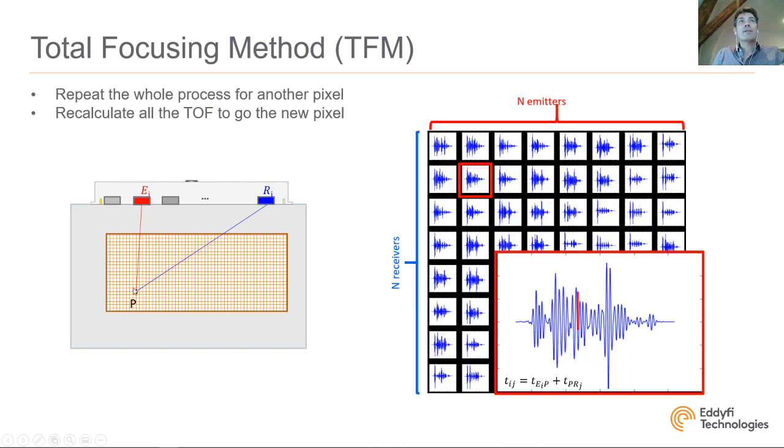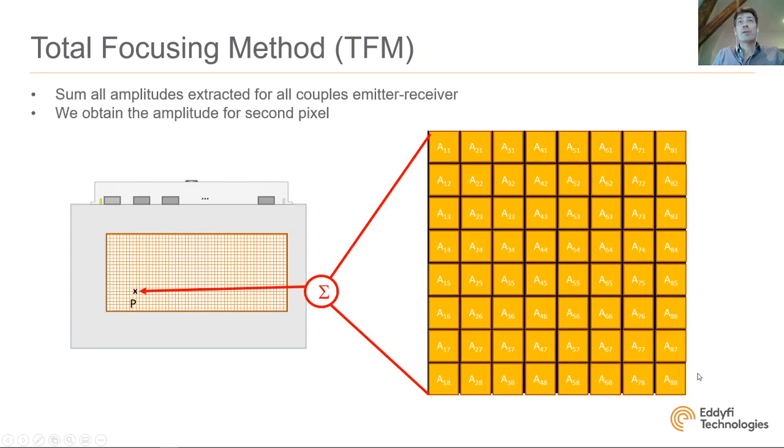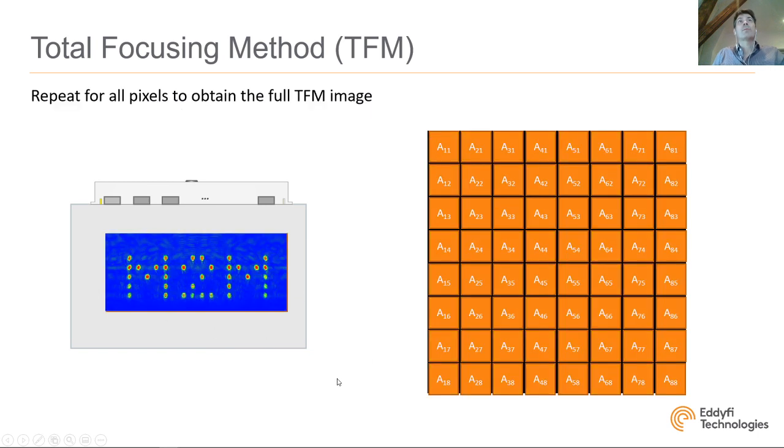Now we repeat the process for all the pixels of the image. We again calculate all the times of flight for all the signals and extract all the amplitudes. We have a different set of amplitudes, we do the sum, and we have another pixel, and so on. We repeat the process until we have calculated the amplitude for all the pixels of the image. And that's how you obtain your TFM image.